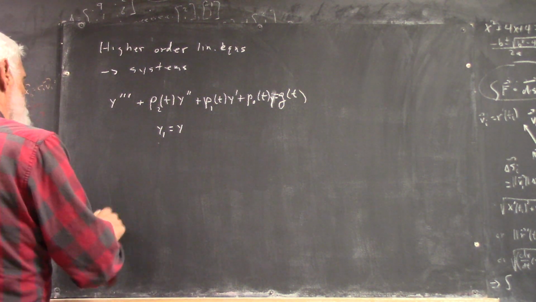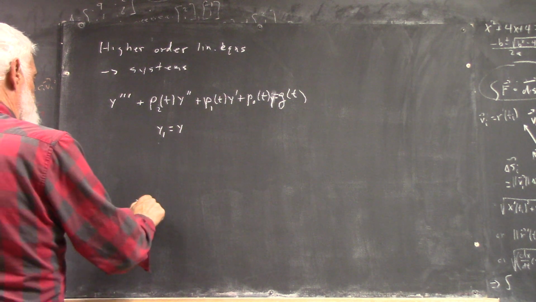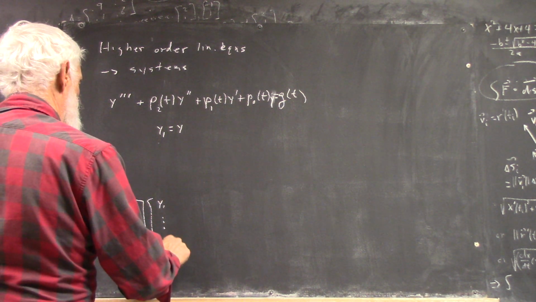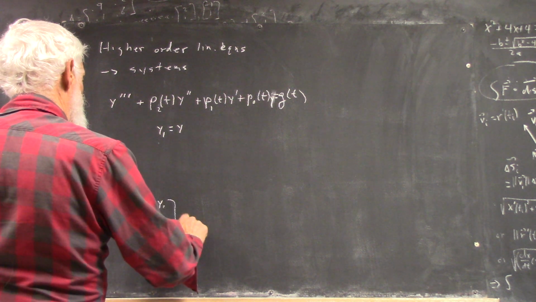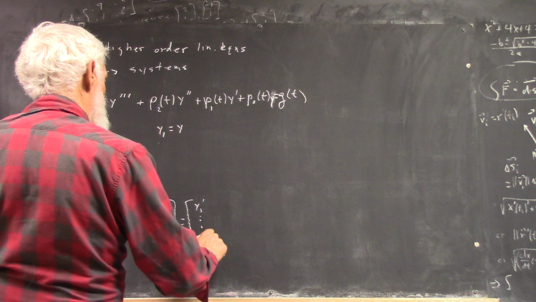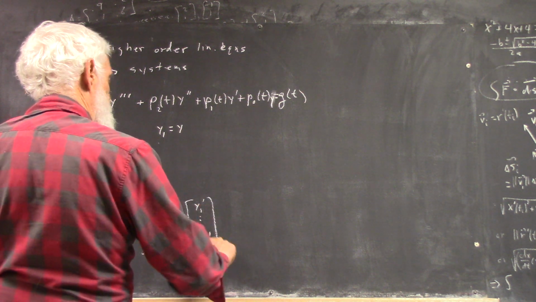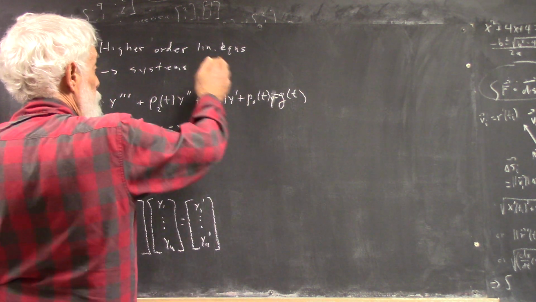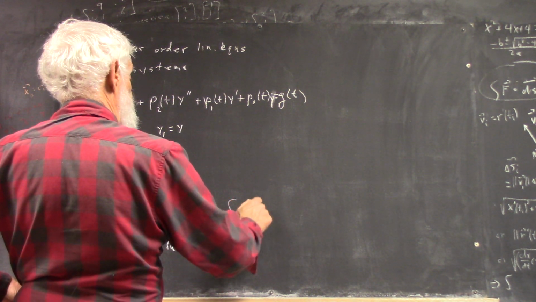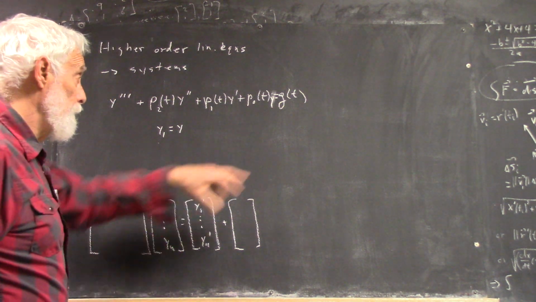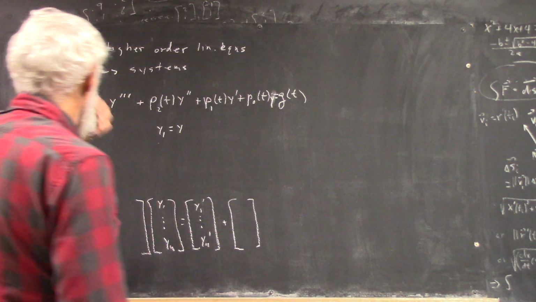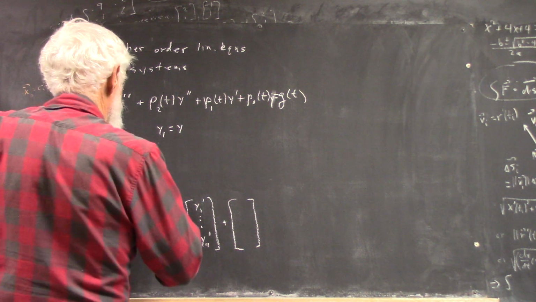Now, what we're after is the matrix equation, which when multiplied by y1 up through yn gives us y1 prime up through yn prime, right? Or if it's non-homogeneous, then plus some non-homogeneous part. That's going to involve g of t, and we'll see where that fits in. Okay? So we have y1 equals y.